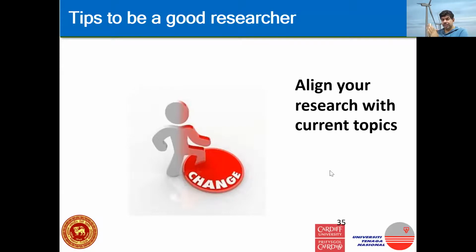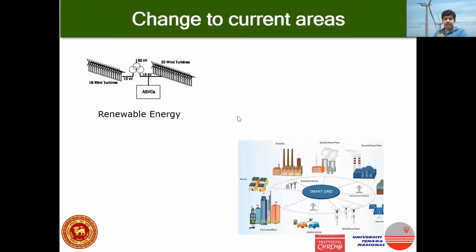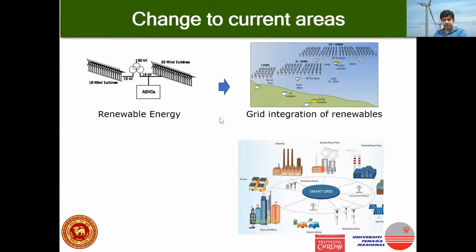And it's very important that we align our research with current topics. For example, I started my career working on a renewable energy plant back in 1995 situated in Denmark. But then I realized that there is more room for grid integration of renewables, so I moved on to that area.